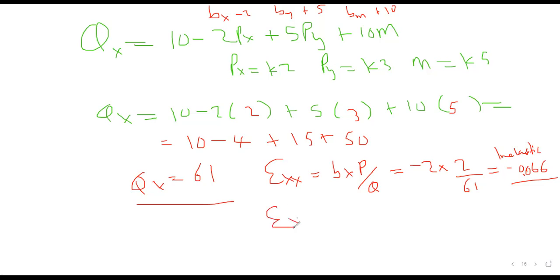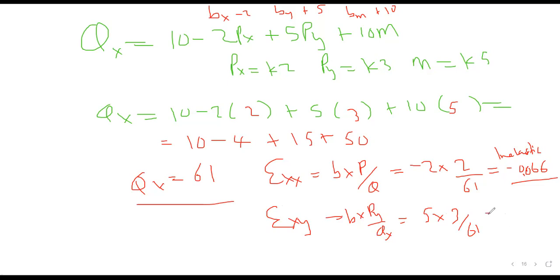If we're going to calculate cross price elasticity between good X and good Y, it is the gradient for good Y, which is 5, positive, times the price of good X over 61. So that would be 10 divided by 61.